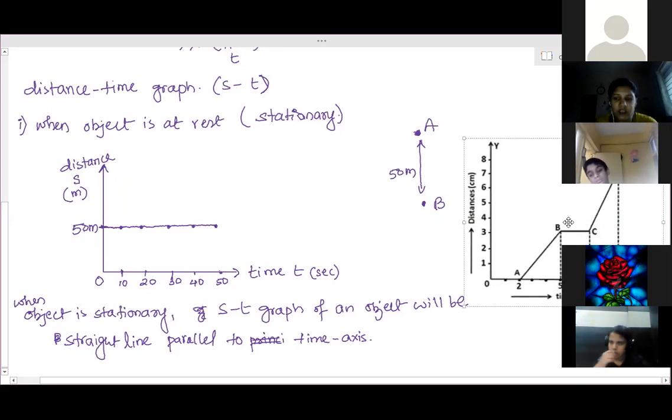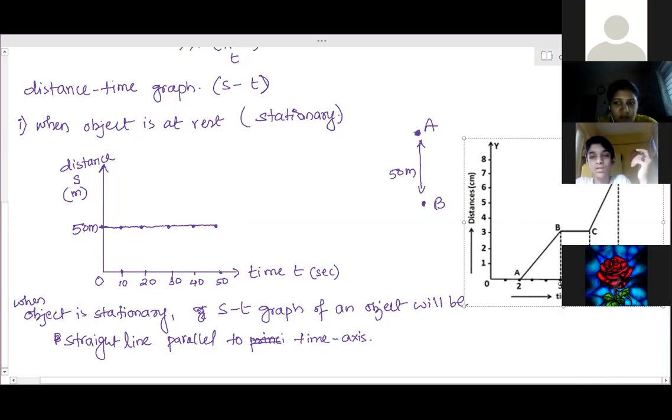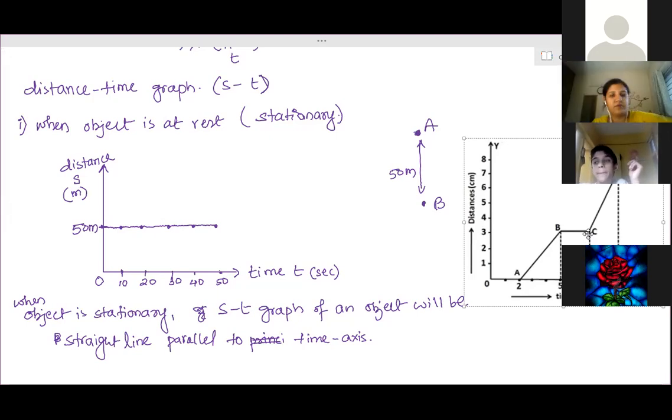Now you can see here B to C, this line is parallel to the x-axis. So what can you say about the type of motion from B to C? In the duration of 5 seconds to 7 seconds, the object was not moving. Clear? Able to understand?